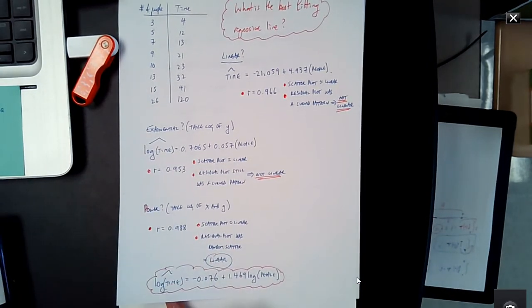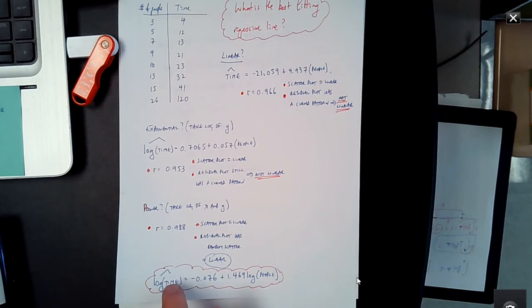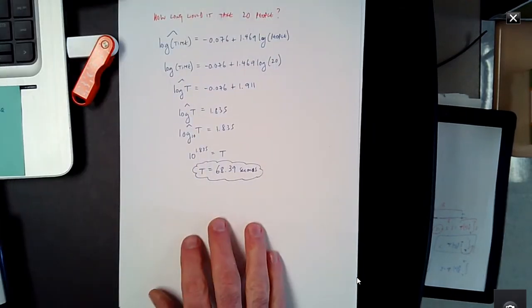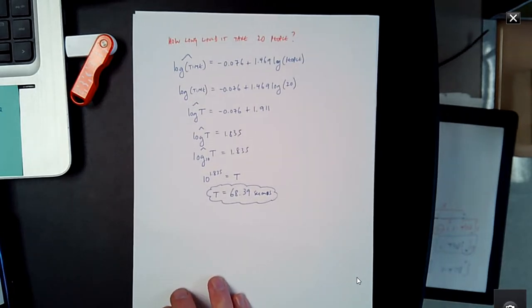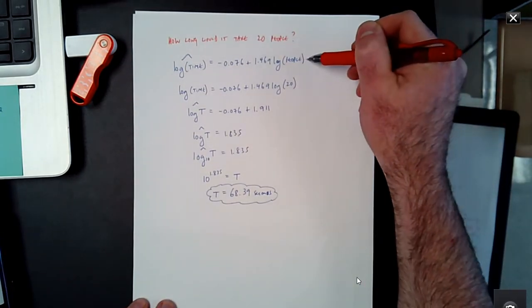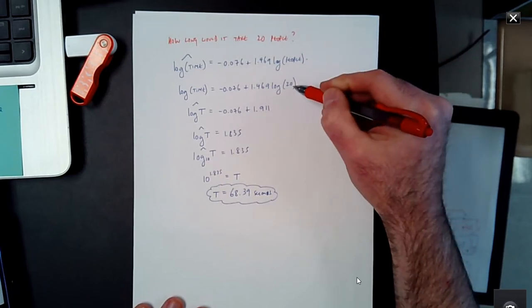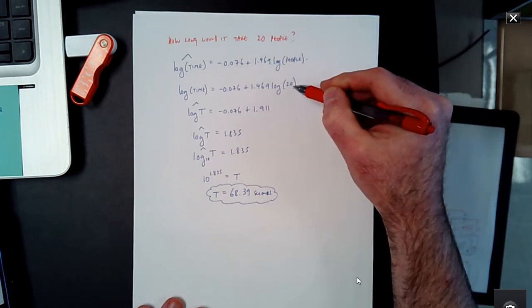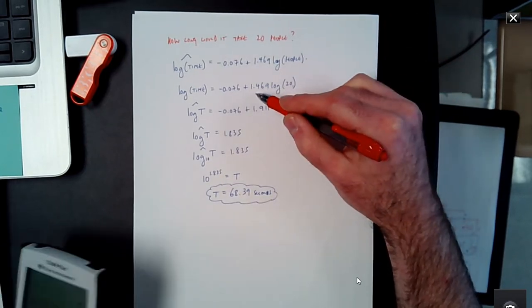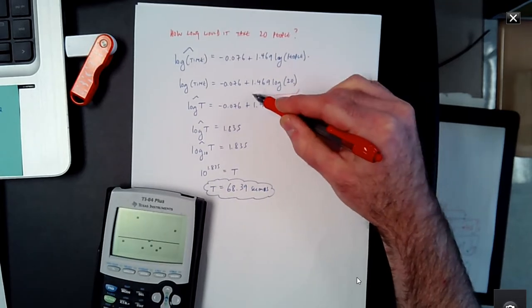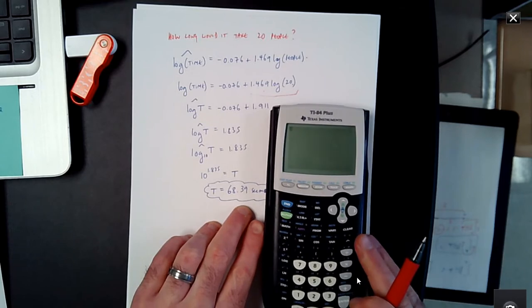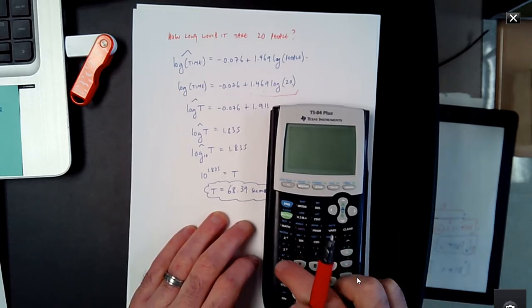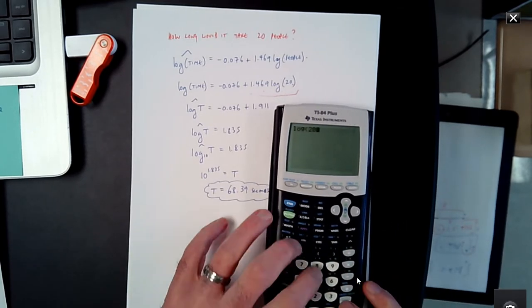Let's say I was asked to calculate something based on this equation. Let's say I wanted to know how long it would take 20 people. So I've got my equation right here. I put 20 in for the number of people, and then I figure this part out. So on your calculator, you're really just typing in log of 20.